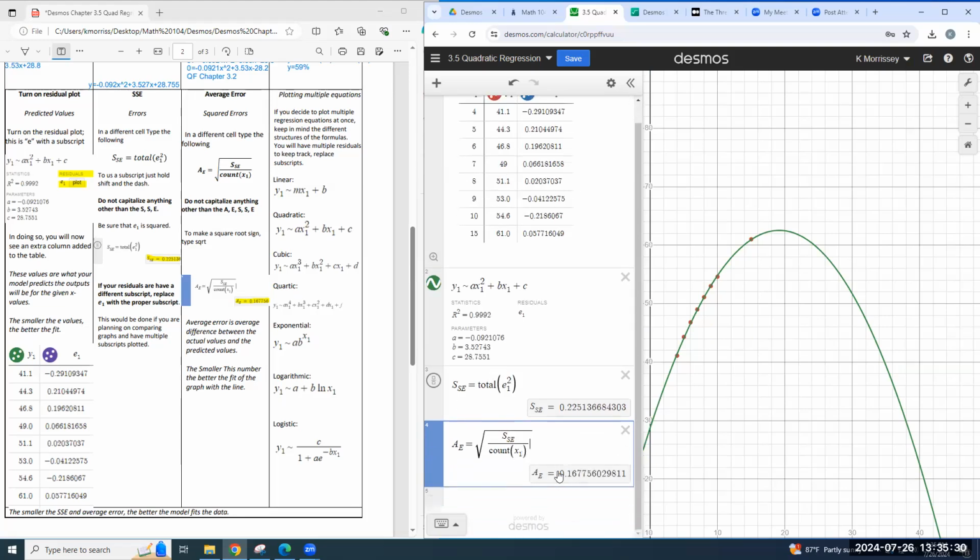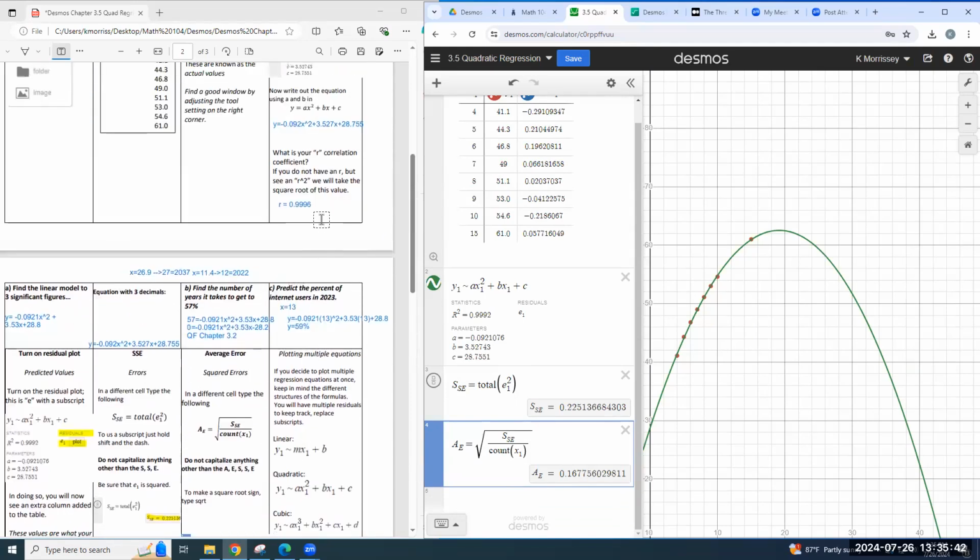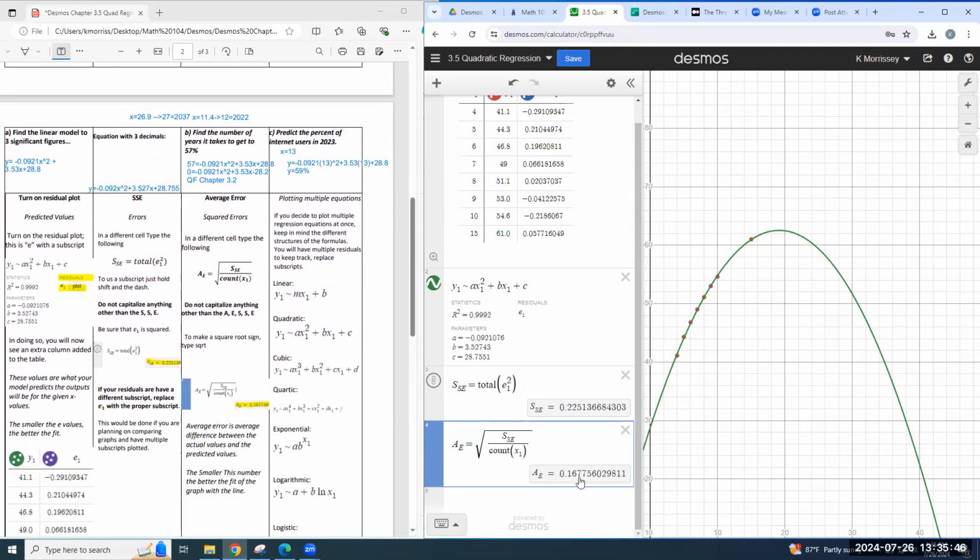And now here you will have your average error. So again, does this average error fit with what we know visually? Is it a good fit, right? And then again, your correlation coefficient. Well, this is a very, very small number, especially in comparison to your X or your Y values. Notice that there's not a whole lot of gap. So having this small number really means that this is a great fit.